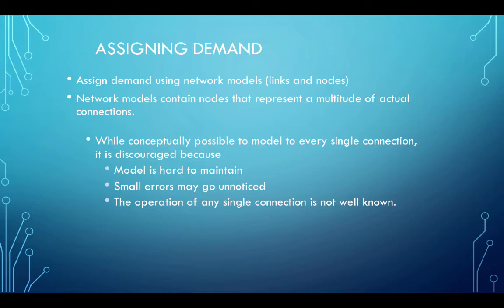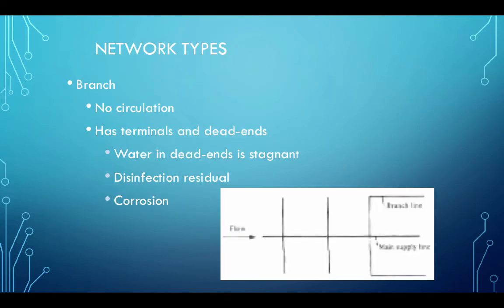Once there's been enough smart meter data collection, single connection behavior might indeed become very well known. And the benefit to designers is the input to their models can be more accurate. For the time being, we have to accept a less accurate point of view.